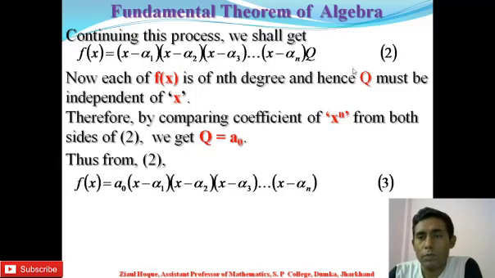Thus, from equation number 2, we have f(x) is equal to a0 into x minus alpha 1 into x minus alpha 2 into x minus alpha 3 up to x minus alpha n.